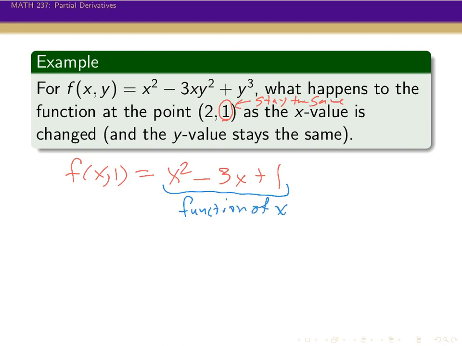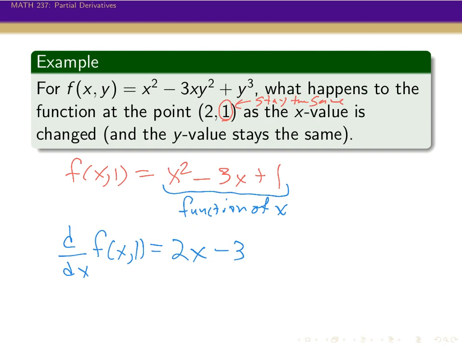This is what we're very comfortable dealing with in terms of Calc 1 skills, and so then we can take derivatives of it. I can just take the derivative of f, and I'm going to get 2x minus 3.